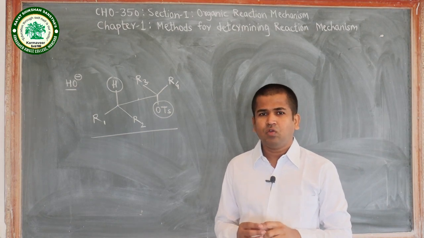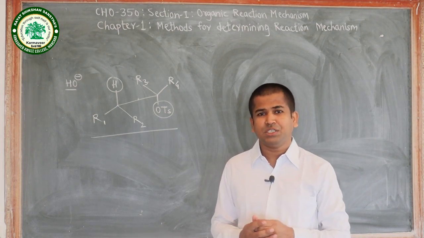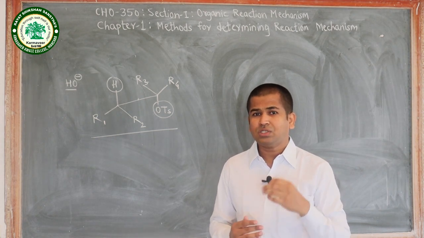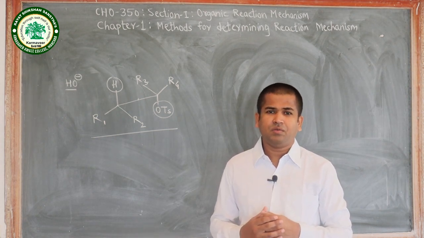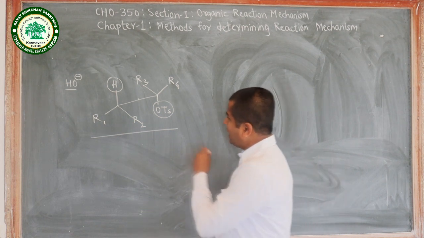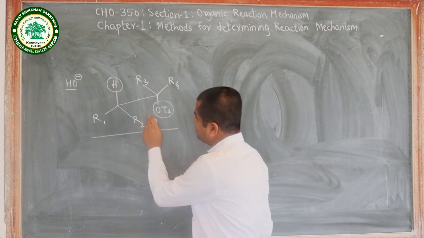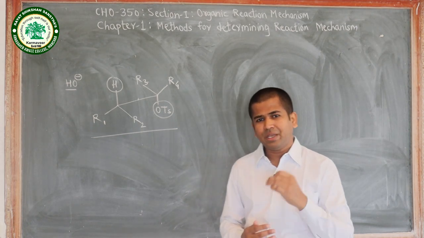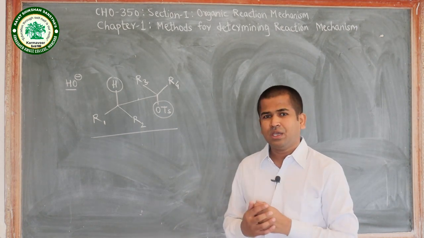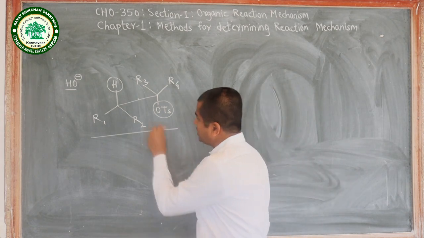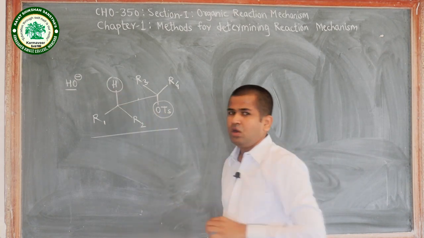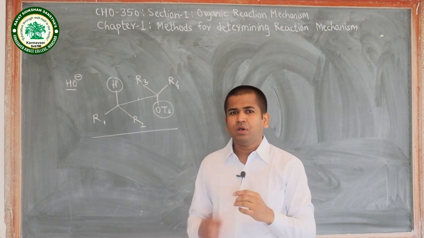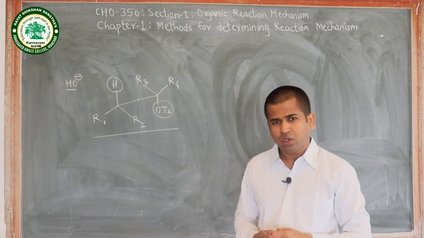So for a reaction to happen in a transition state, both the substrates have to surrender their degree of freedom. These conformations are different, but for a reaction to happen, it should be in this conformation where hydrogen and the OTs tosylate group, that is the eliminating group, must be anti to each other.